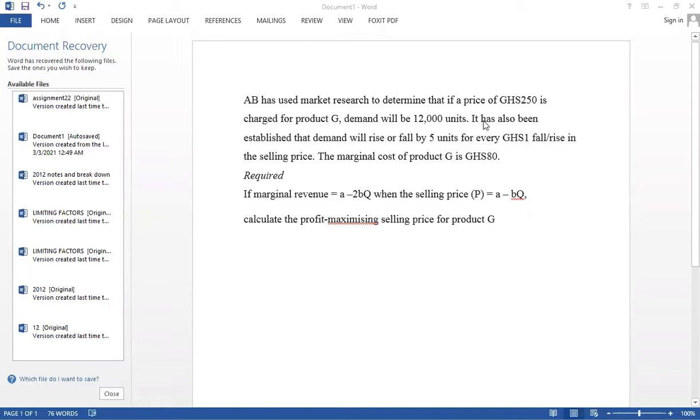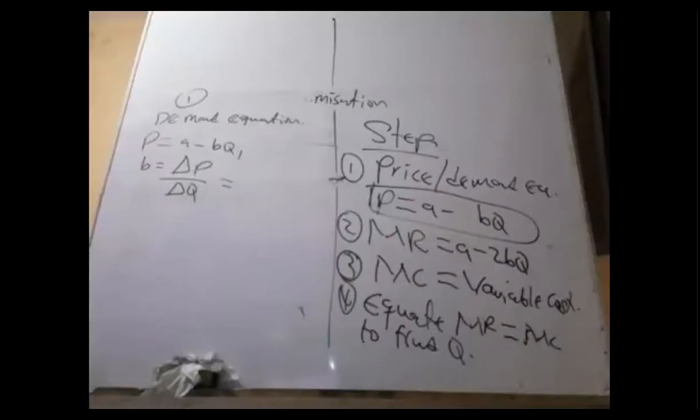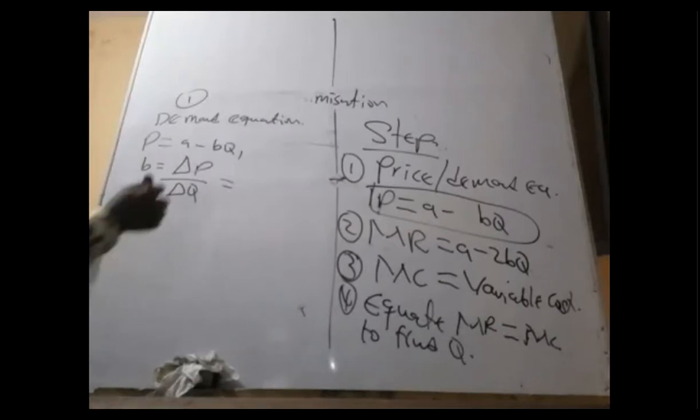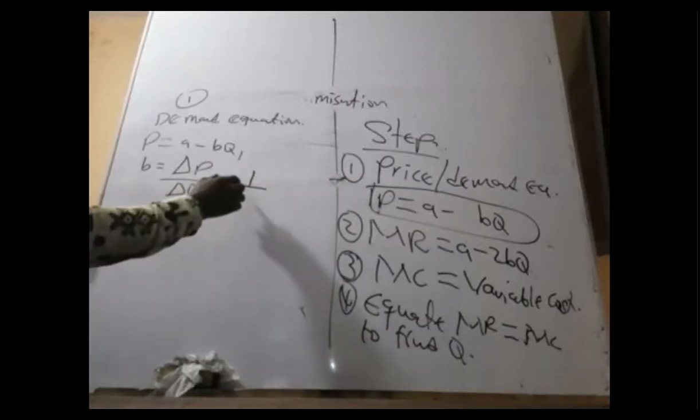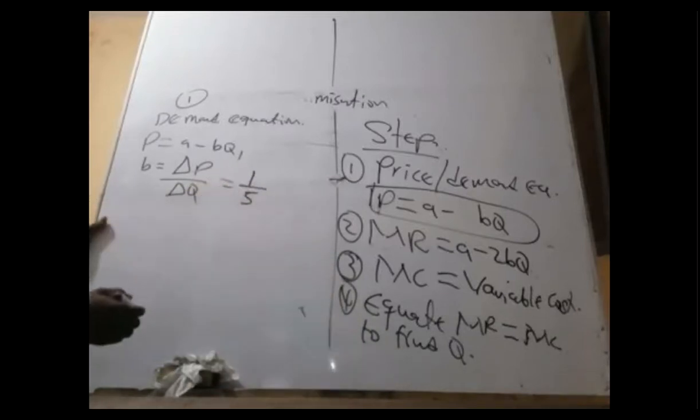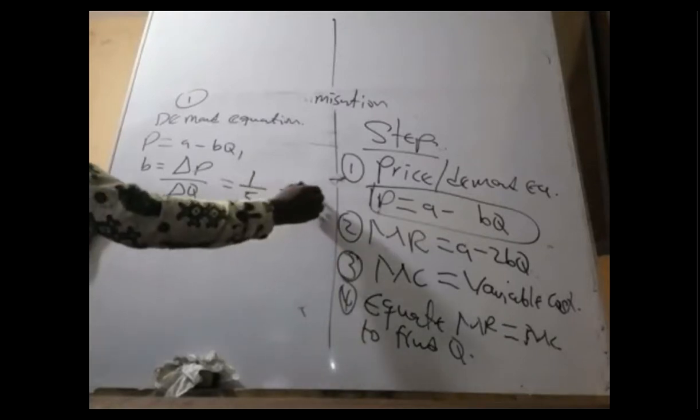Change in price is 1 cedi when it falls or rises, and change in units is also 5. Solving this, you have 0.2.